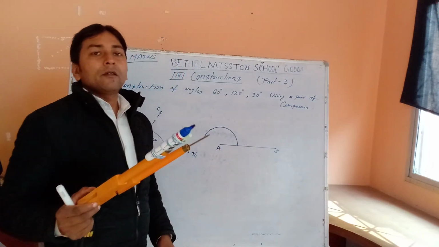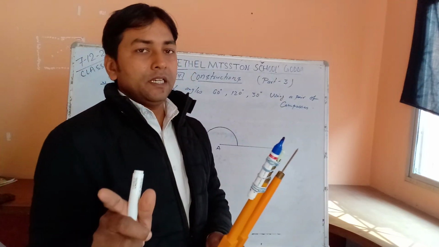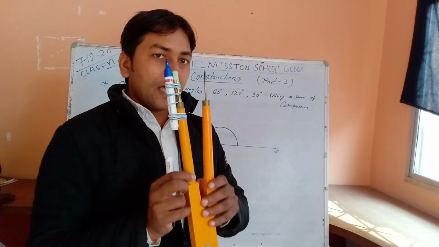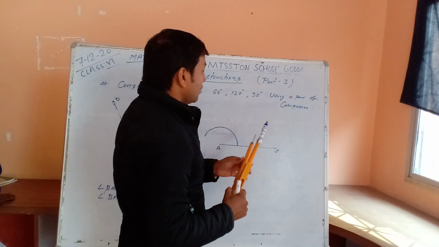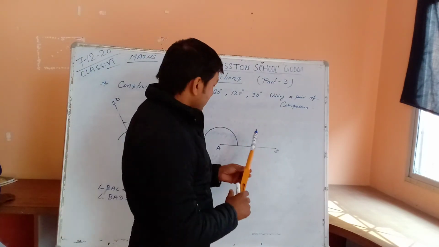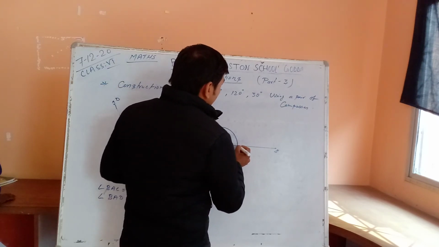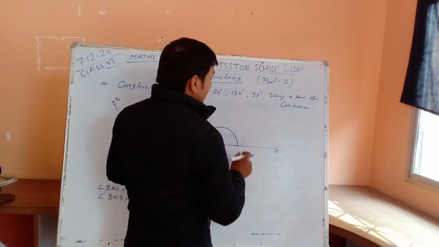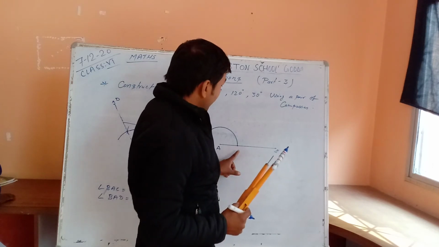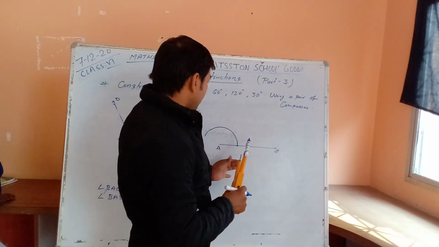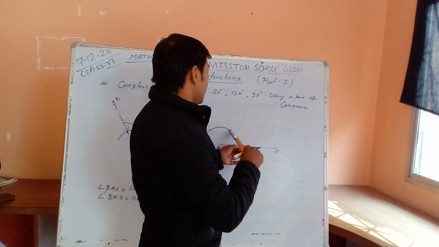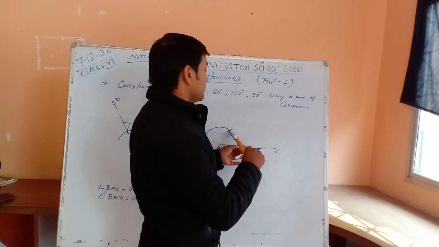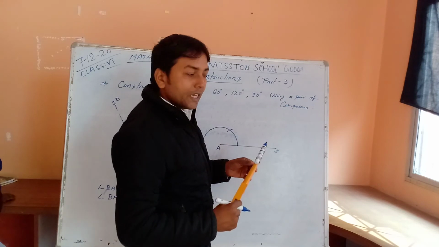Without disturbing the arc or the radius, you have to cut only once. Where the arc cuts AB, at that point as center, you have to cut only once. This is 60 degree.